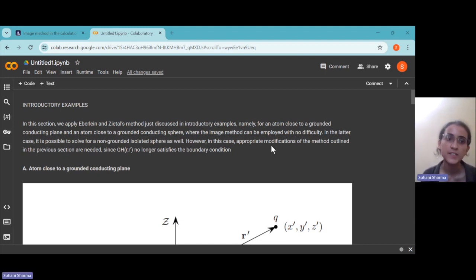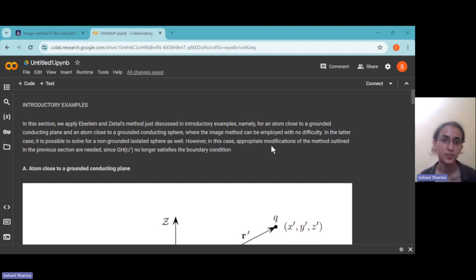In the latter case, it is possible to solve for a non-grounded isolated sphere as well. However, in that case, we require appropriate modifications of the method which we outlined in the previous sections, since GH of r, r dash no longer satisfies the boundary conditions.